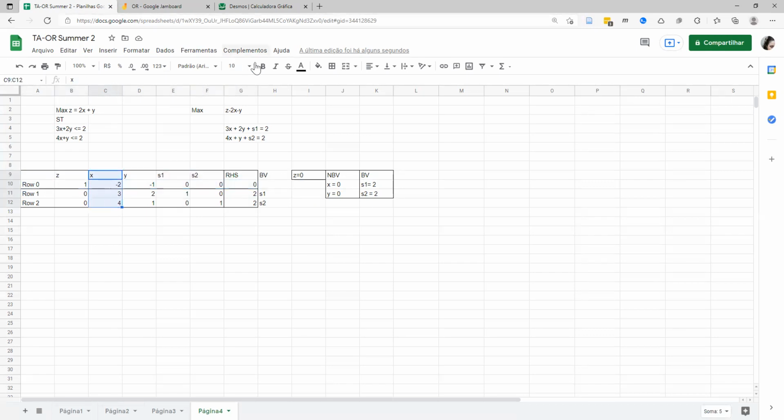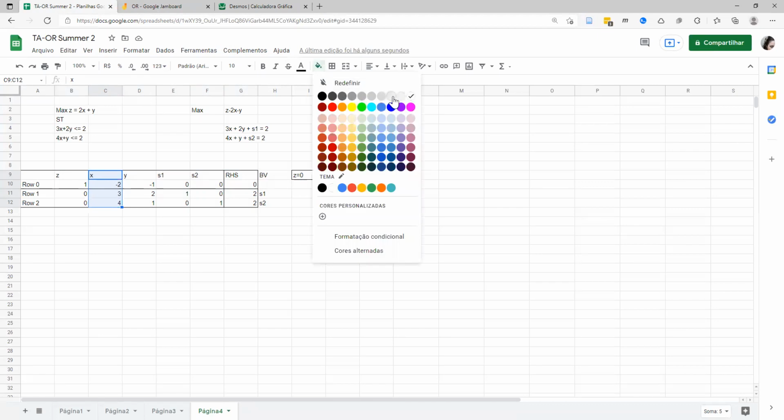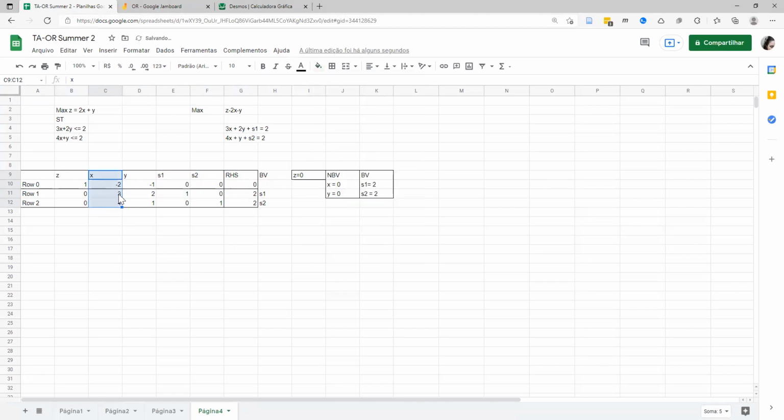So in this case, we just choose the pivot column, and now we have to choose the pivot row so we can find our pivot number.